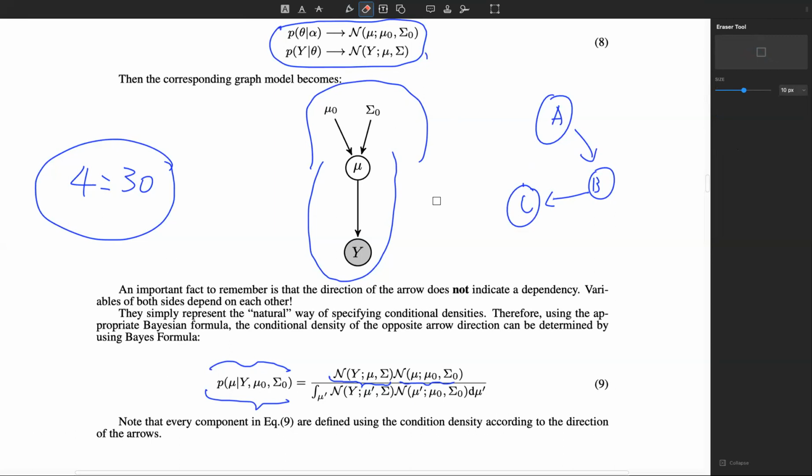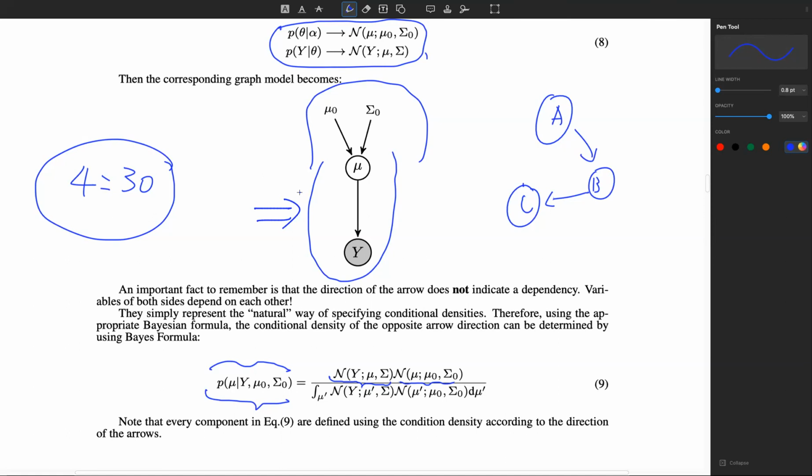This is called a generative model, right? Why is it called a generative model? Because you can probabilistically generate your data this way.